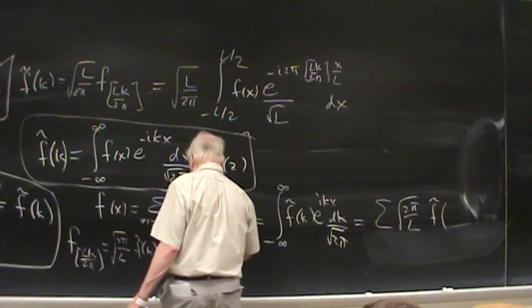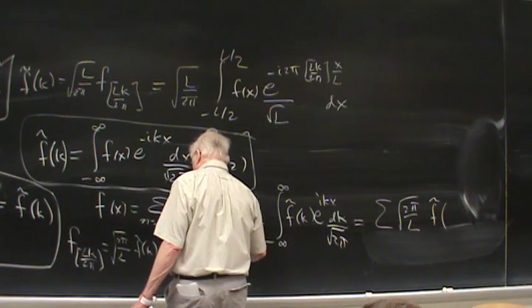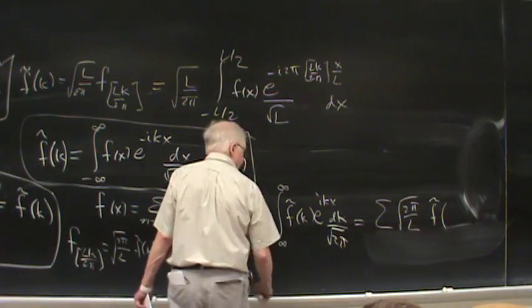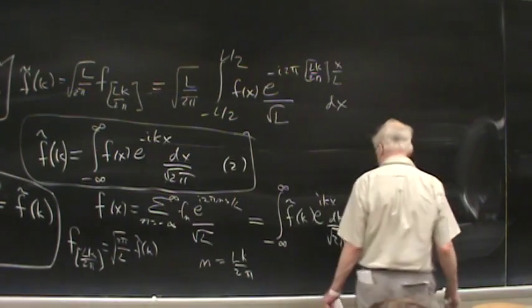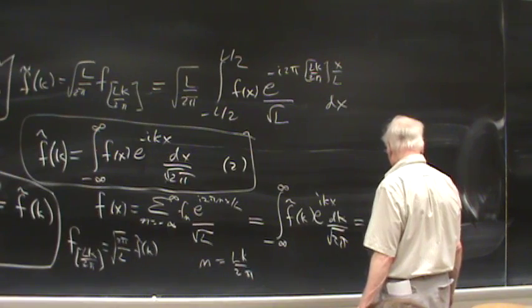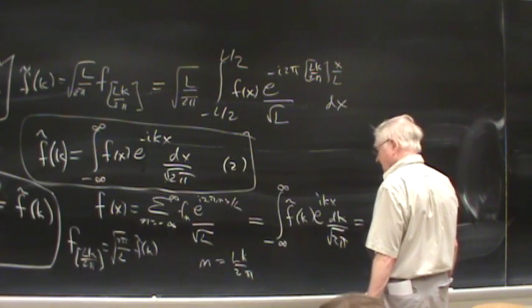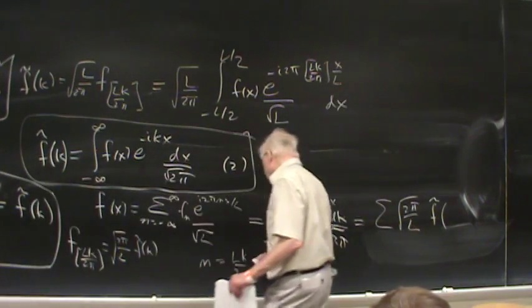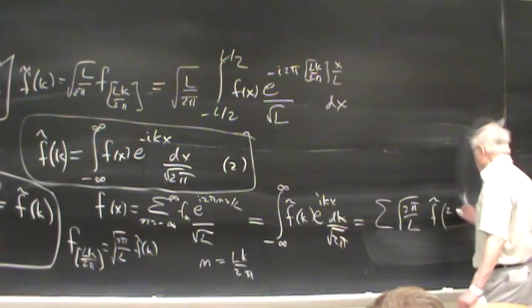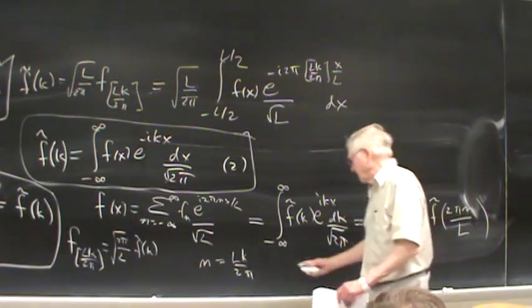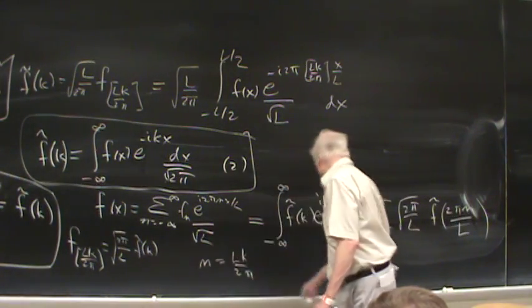So n is Lk over 2 pi. And so let's see, f sub n is f tilde of k, and the k is 2 pi n over L.